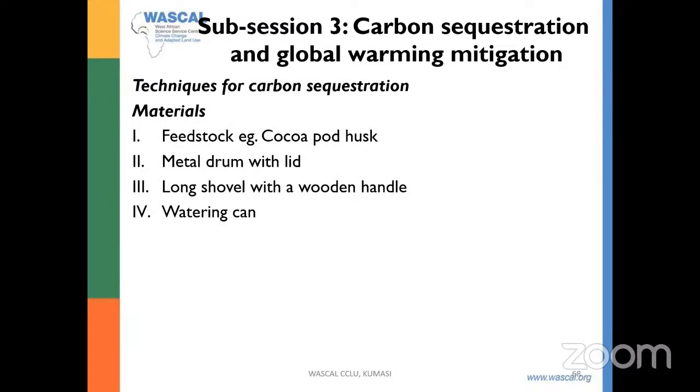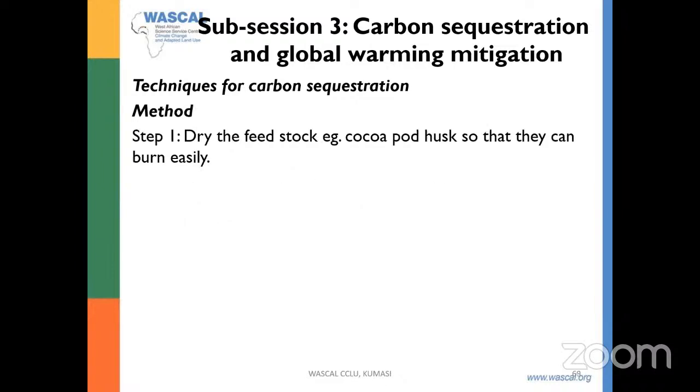This section is a practical section. And because of our time, since we will be taking the fourth section, this is a practical section that will be on biochar, how to make biochar from cocoa pod husk.